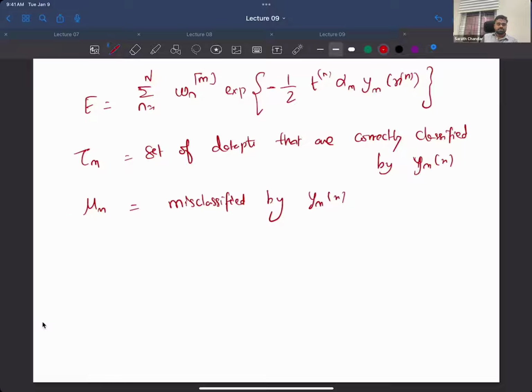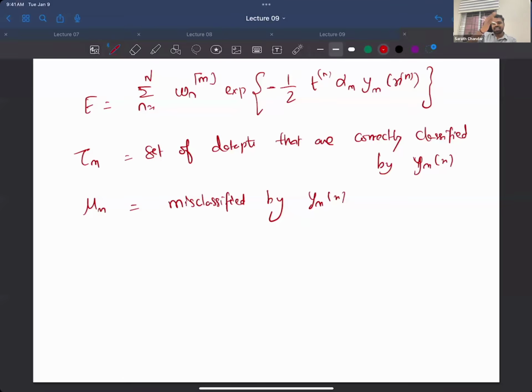Given a bunch of data points, I'm going to divide it into two groups. One is tau m, which is all the data points that are correctly classified, and the other is mu m, which is all the data points that are misclassified.